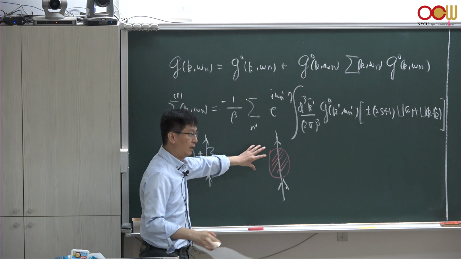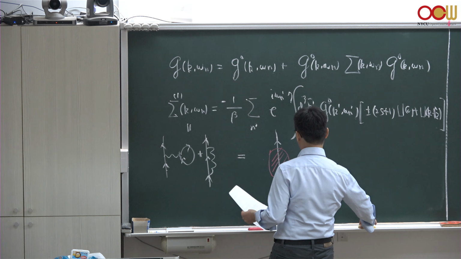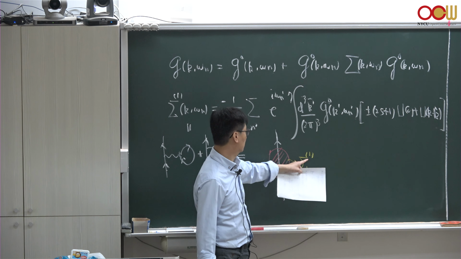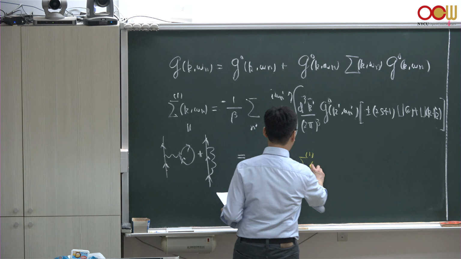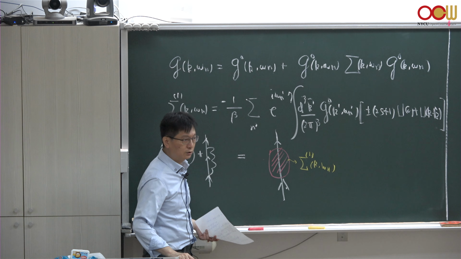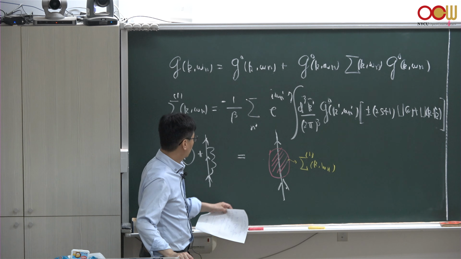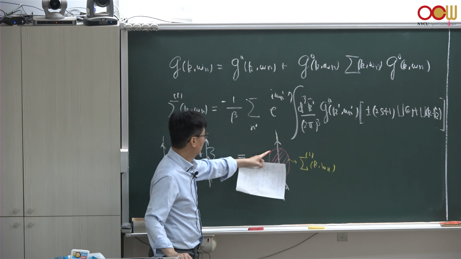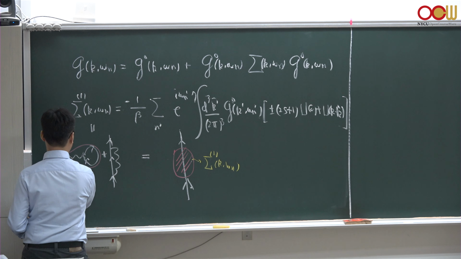This red shaded oval represents the self-energy up to the first order in perturbation, which I marked with superscript 1 on the capital Sigma. So this represents the total contributions to the self-energy up to the first order in perturbation. You can read off this expression by considering this red oval as a sum over these two.